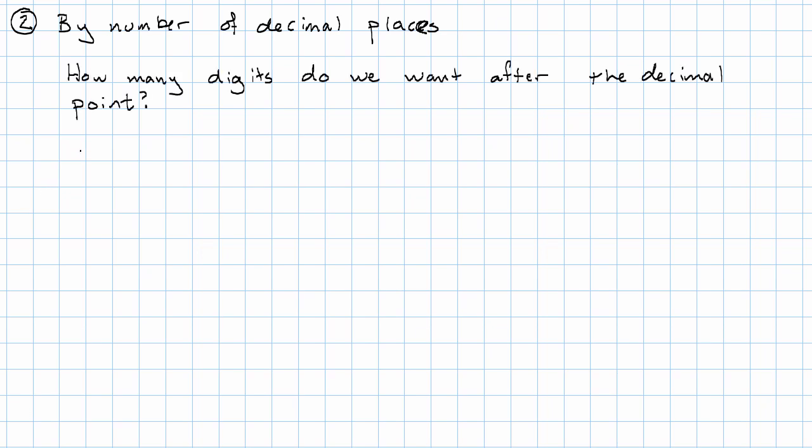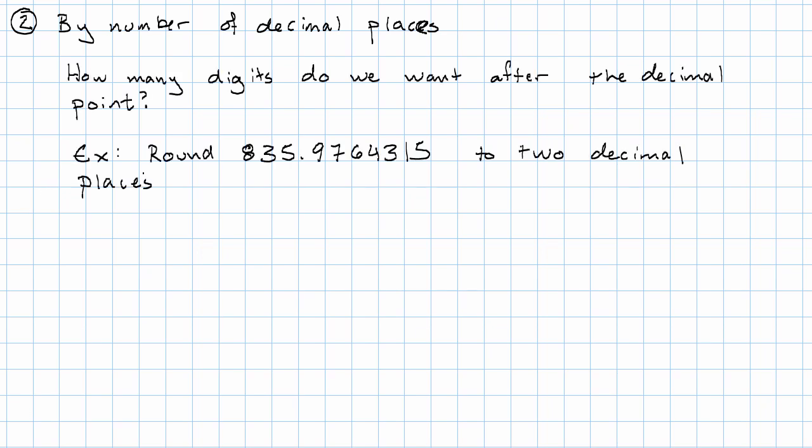For example, we might want to round 835.9764315 to 2 decimal places. That means we want 2 digits after the decimal point. Okay, now we follow exactly the same rounding process as before. We look at the next digit.